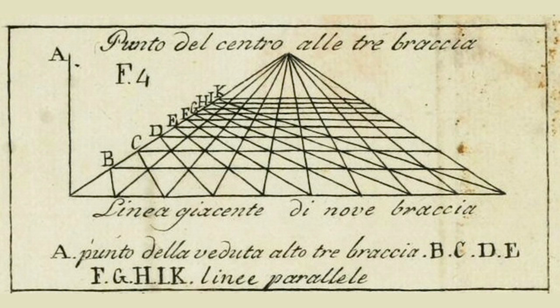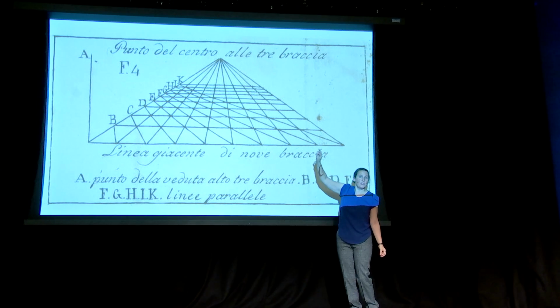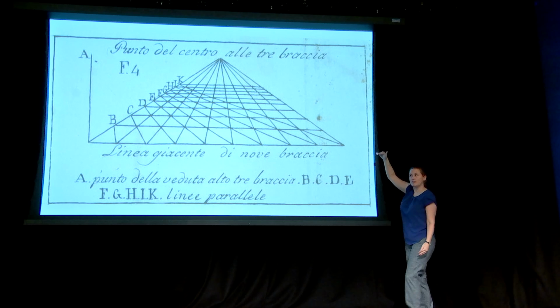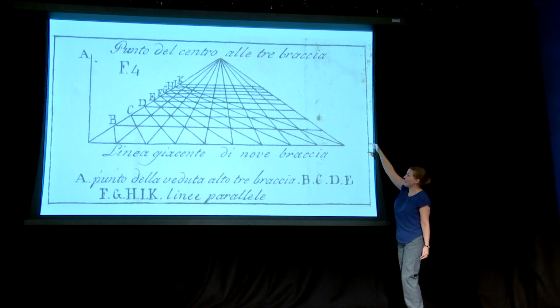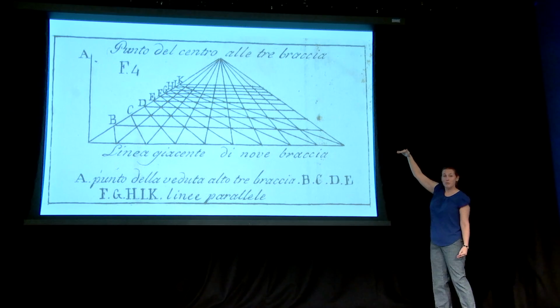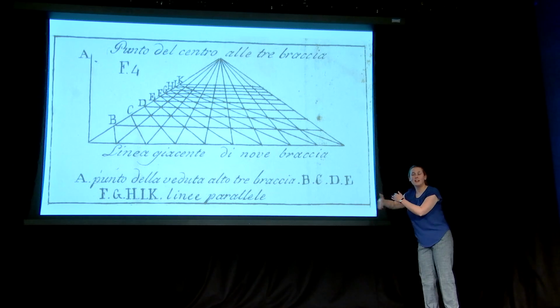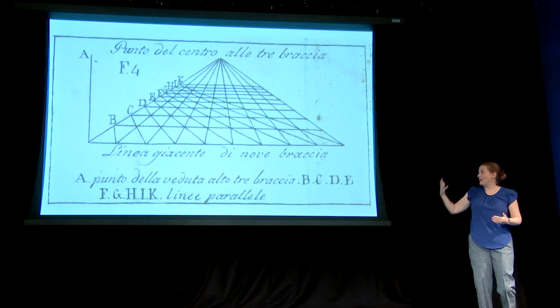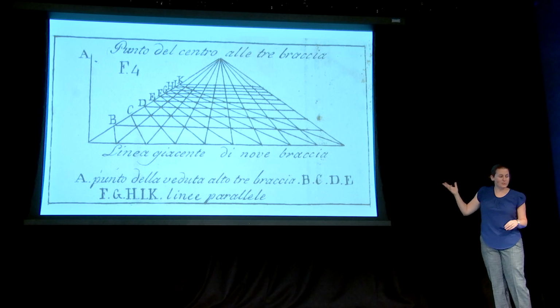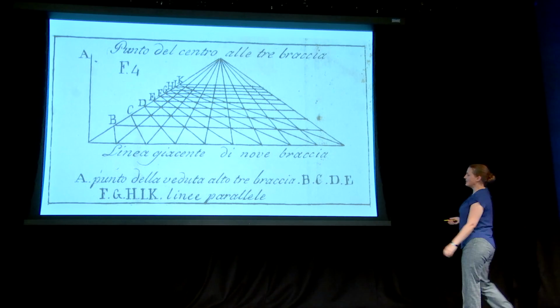So you acquire for yourself, just from that first horizontal line, a bunch more corners on the rows above. So then you can start to draw in the other horizontal rows. And every new row you create allows you to draw in a few more diagonals, and then you can draw a few more rows, and over and over and over until you construct your whole floor. So this was one of the diagrams that Alberti drew and explained how to do this process.